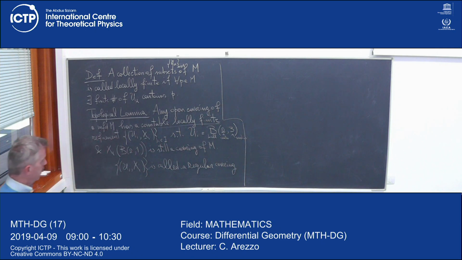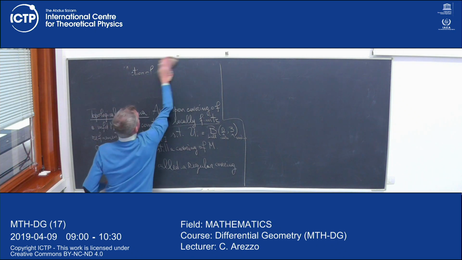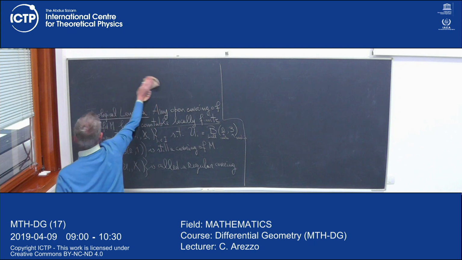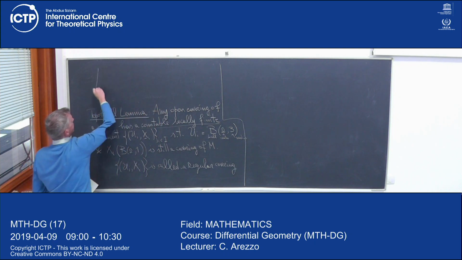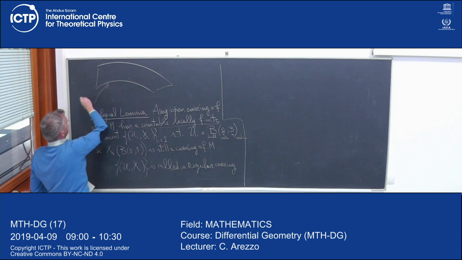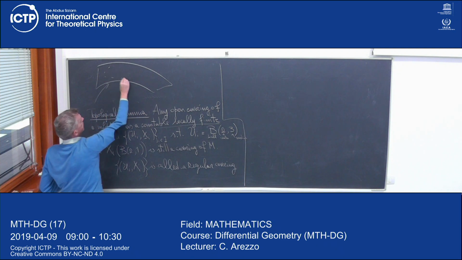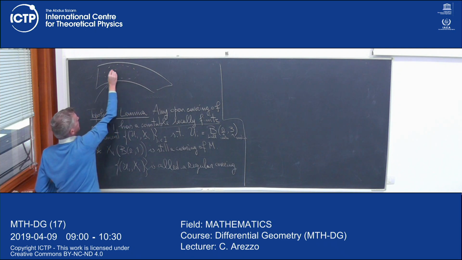But now what do we do with it? Maybe a picture can help. Now we are in the situation where our manifold is covered by these images of the balls of radius 3, but also the balls of radius 1. So there are larger sets and smaller sets.